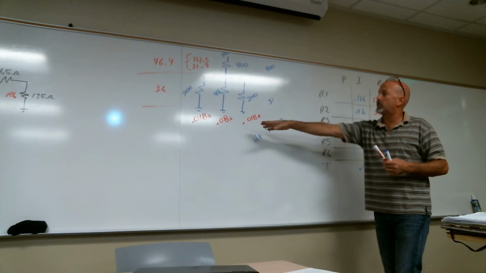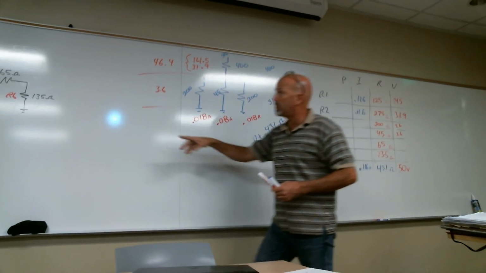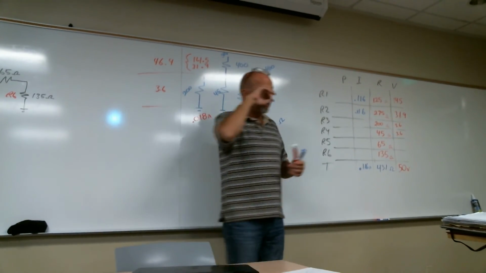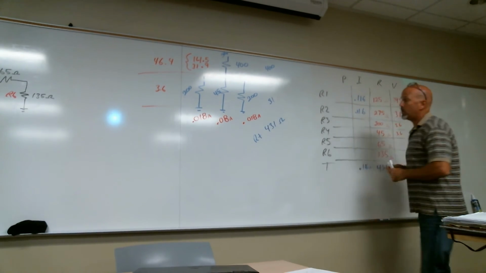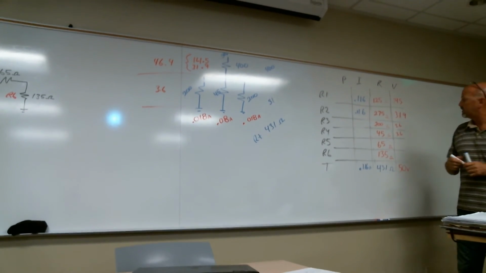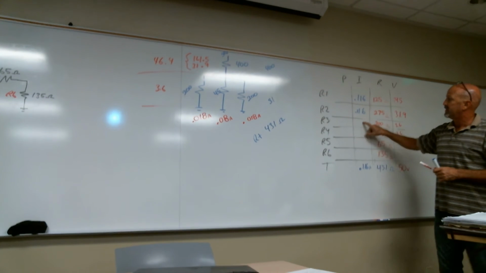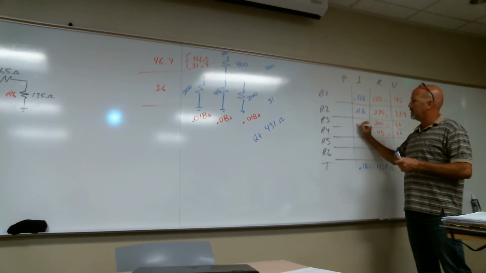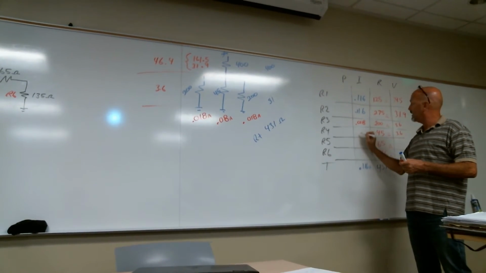So now I have the currents for this path. Both R5 and R6 are going to see 0.018 because they're in series to each other.